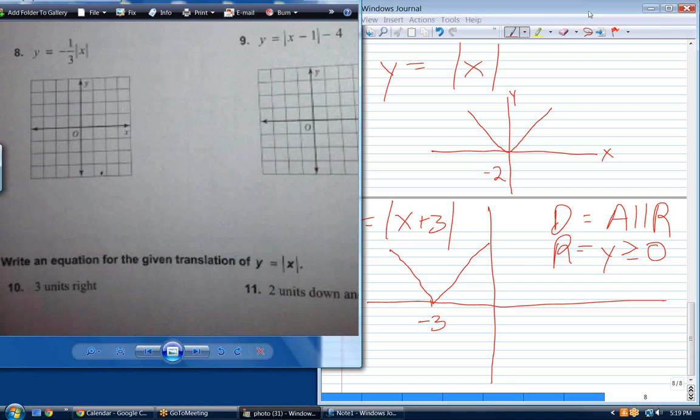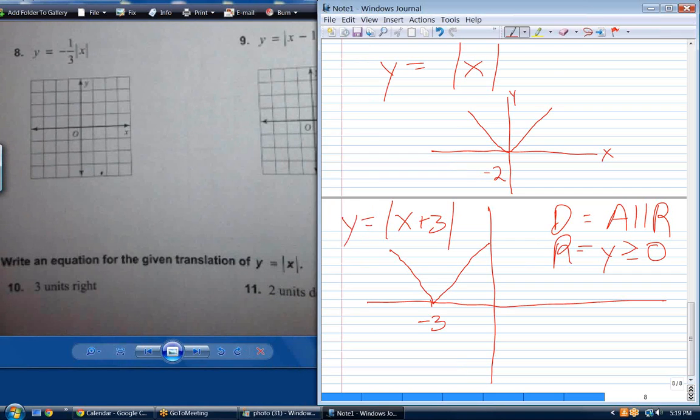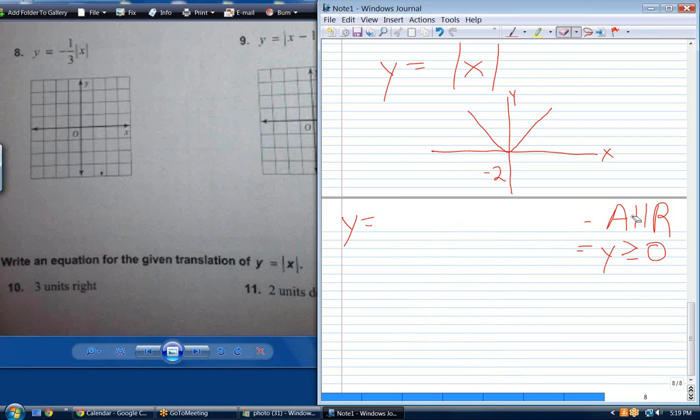Okay, let's take this one here. It gets skinnier. Y equals negative 1/3 absolute value x. Well, there's two things going on. What are they? There's this thing and there's this thing.